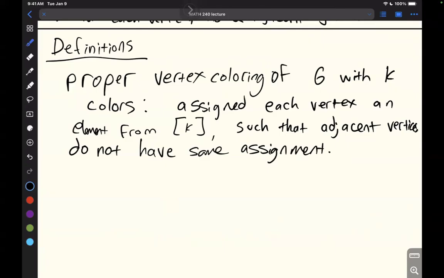So each adjacent vertex doesn't get the same assignment, they get something different.